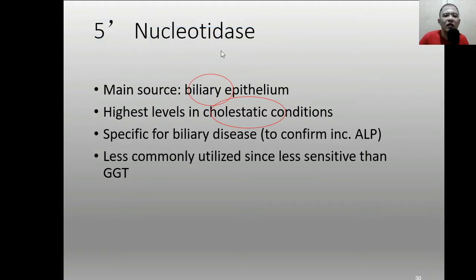Next is 5'-nucleotidase. Again, the main source is the biliary epithelium, and it's elevated in cholestatic conditions mentioned, like gallstones, cholecystitis, cirrhosis. It's confirmatory for an increased ALP, but it is less commonly utilized compared to GGT.